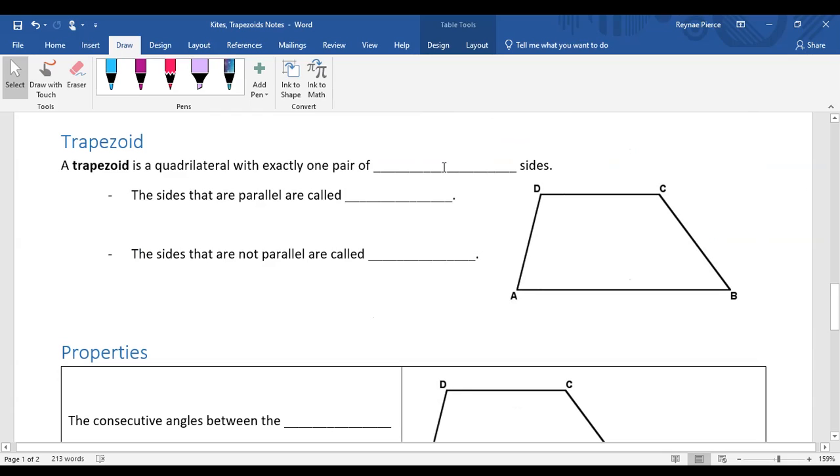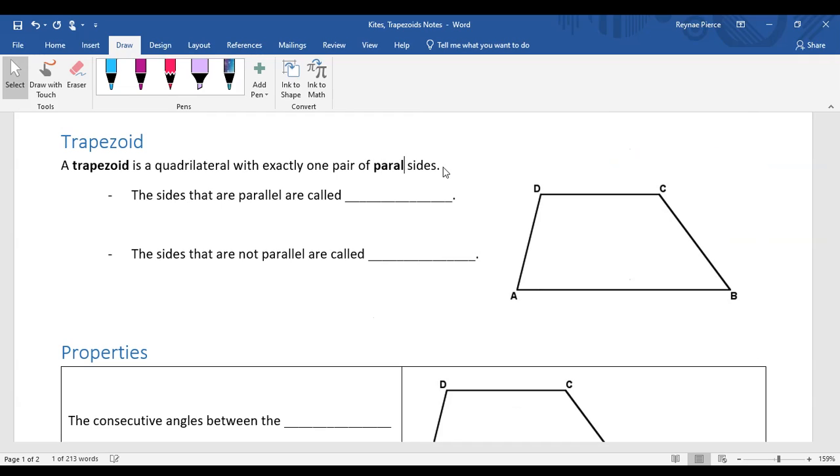We're going to move on to trapezoids, and trapezoids are quadrilaterals that have exactly one pair of parallel sides, and those parallel sides are called the bases.